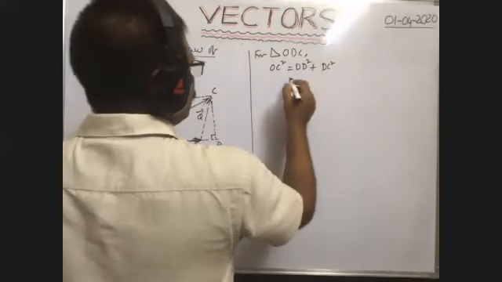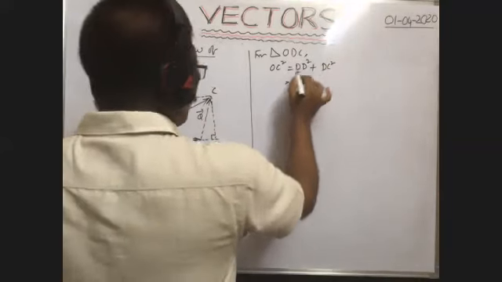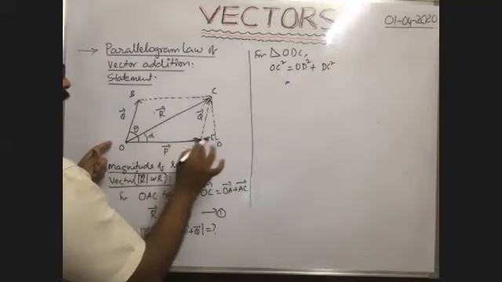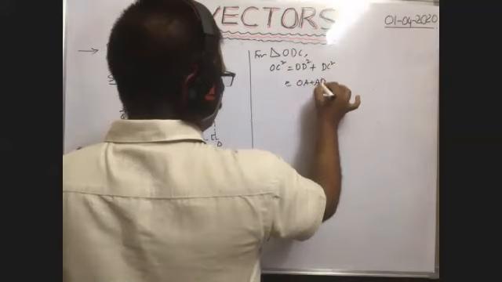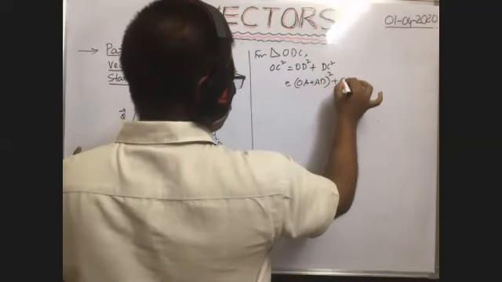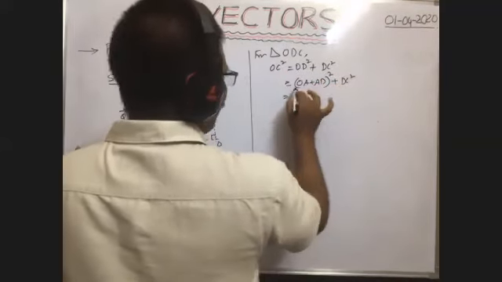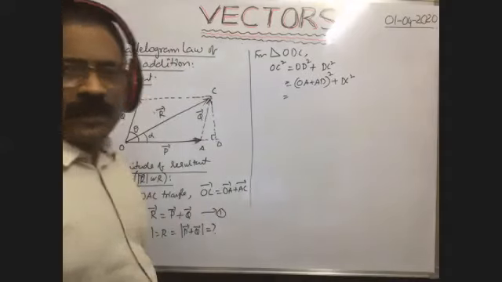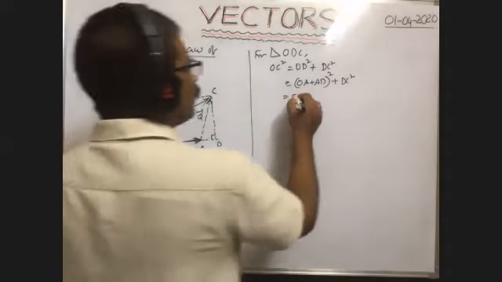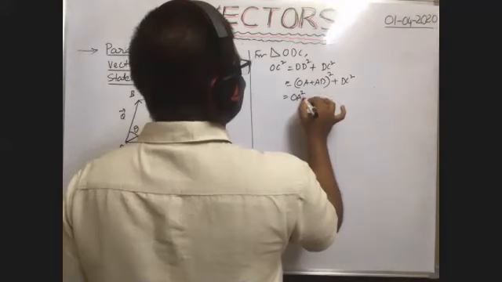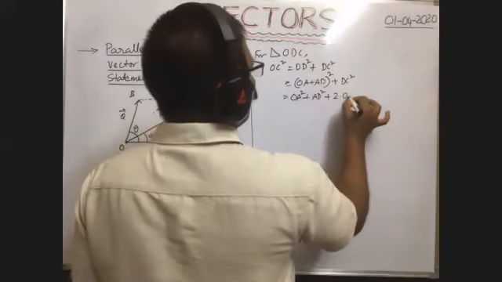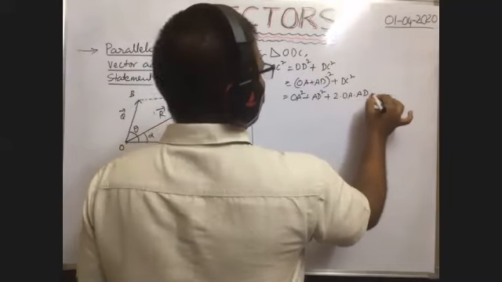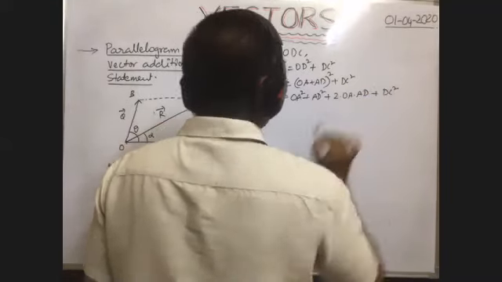OD we can write as OA plus AD, whole square, plus DC square. You expand this, A plus B whole square: OA square plus AD square plus 2 into OA into AD plus DC square.